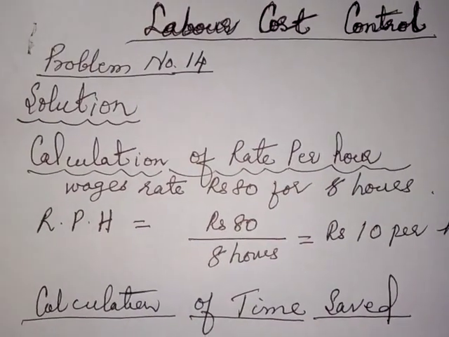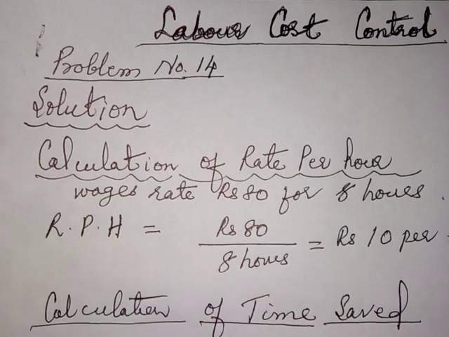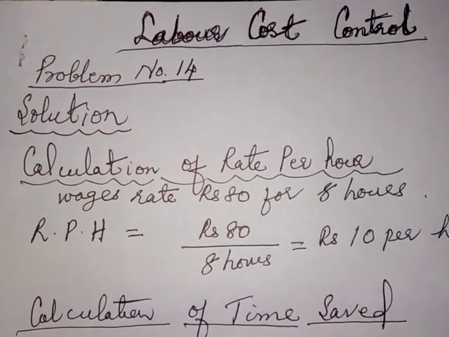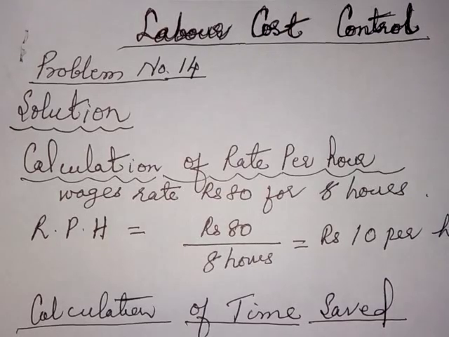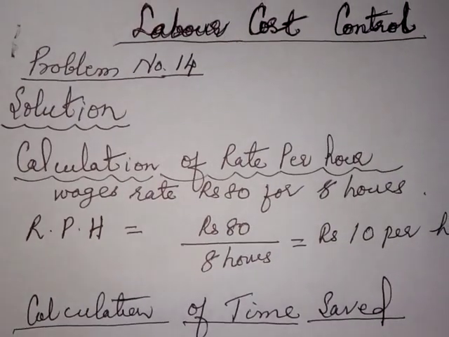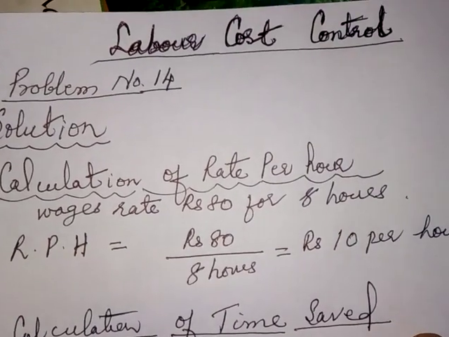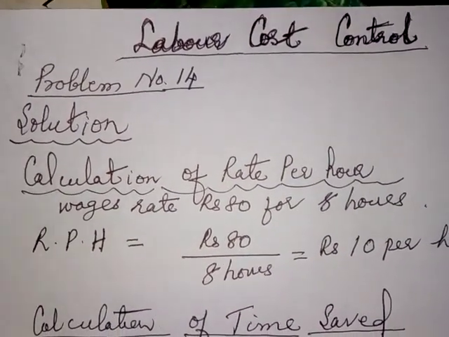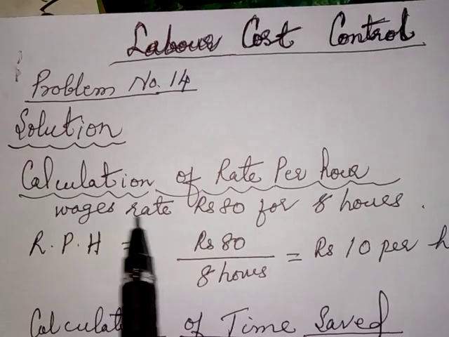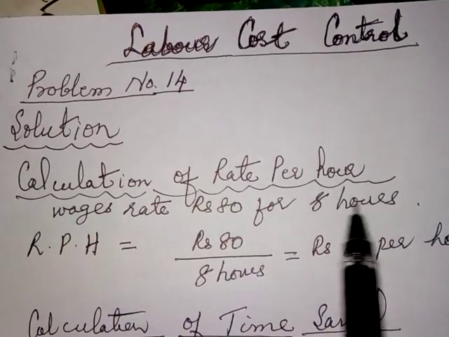Before we proceed with calculation of earnings under this particular method, we need to calculate the rate per hour, which is not given in the problem. So the first step is calculation of rate per hour. The information given, wage rate is rupees 80 for 8 hours.